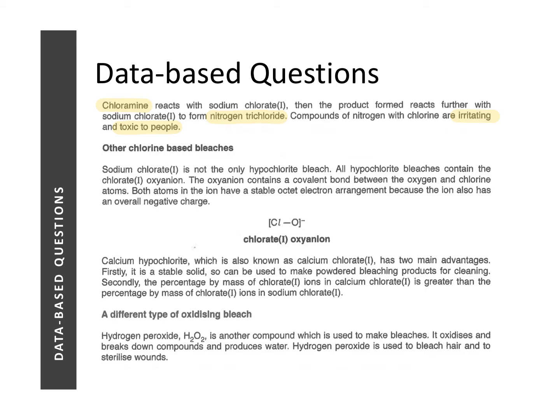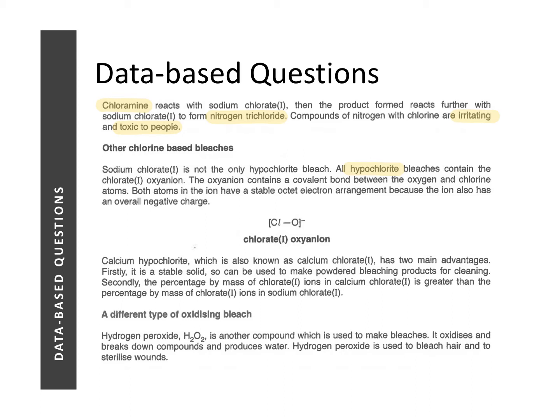Now the next paragraph tells you that sodium hypochlorite is not the only compound that can be used to make bleaches. Over here they tell you that in sodium hypochlorite, the main species that is responsible for its ability to act as a bleach is the hypochlorite ion.